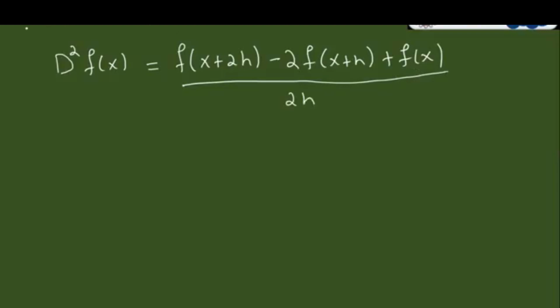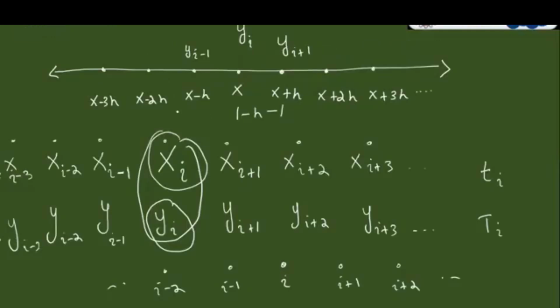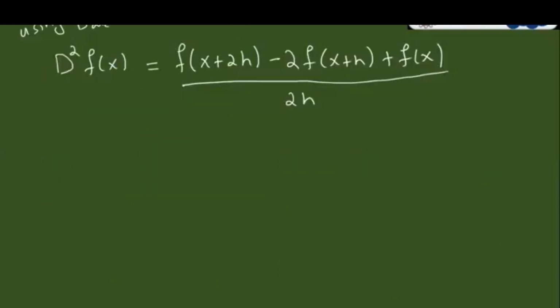Keep in mind, I am dealing with the concept of derivatives and forward difference. So you remember all this? Okay. Based on the convention that I have defined here, I can clearly see that this quantity f of x plus 2h is basically a value that can be represented as yi plus 2. Why?